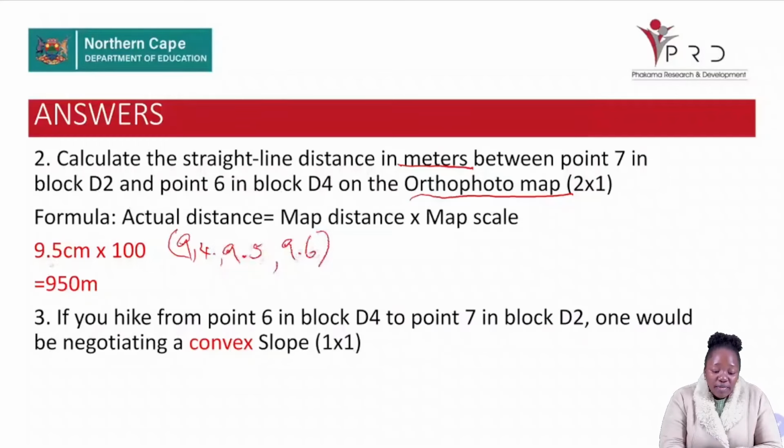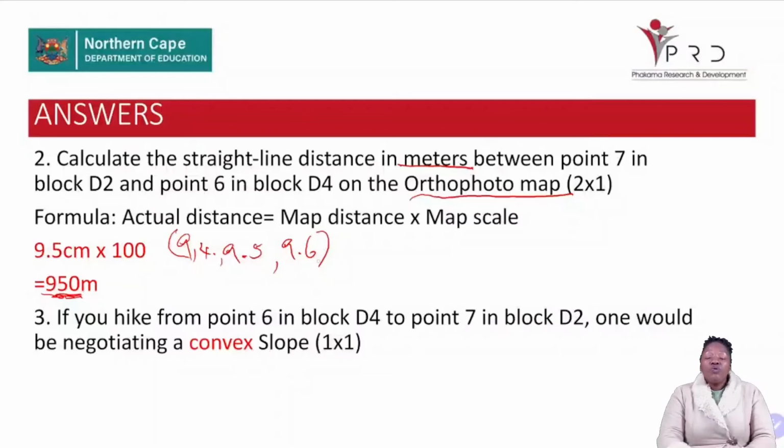So obviously our answers won't be the same, as long as you are within the range, which means if you got 9,3, you are out. If you got 9,7, you are also out. You must be within the range.